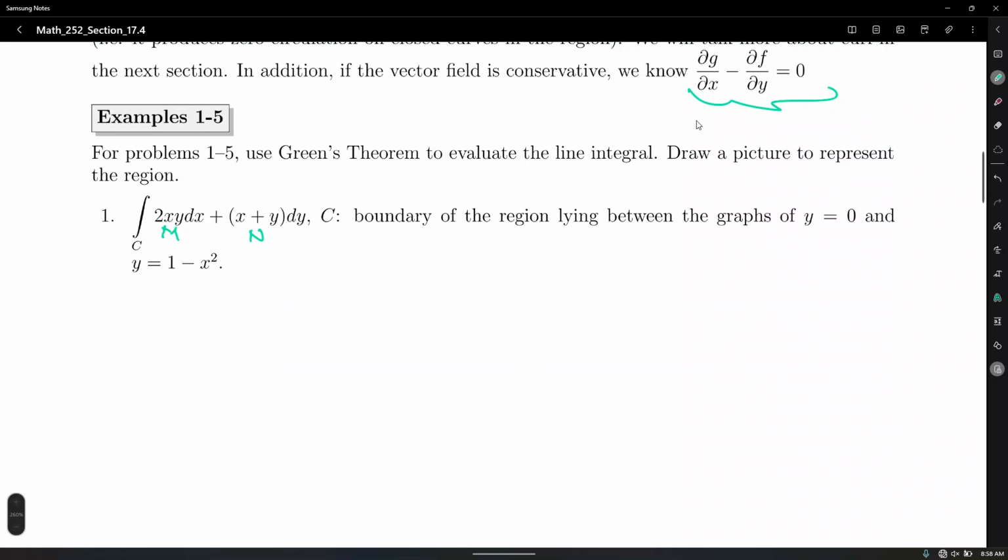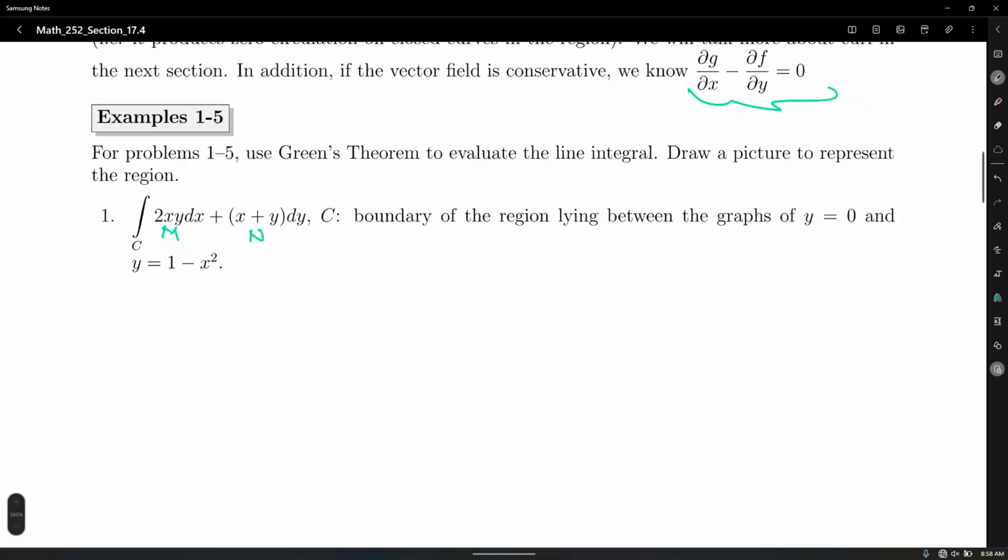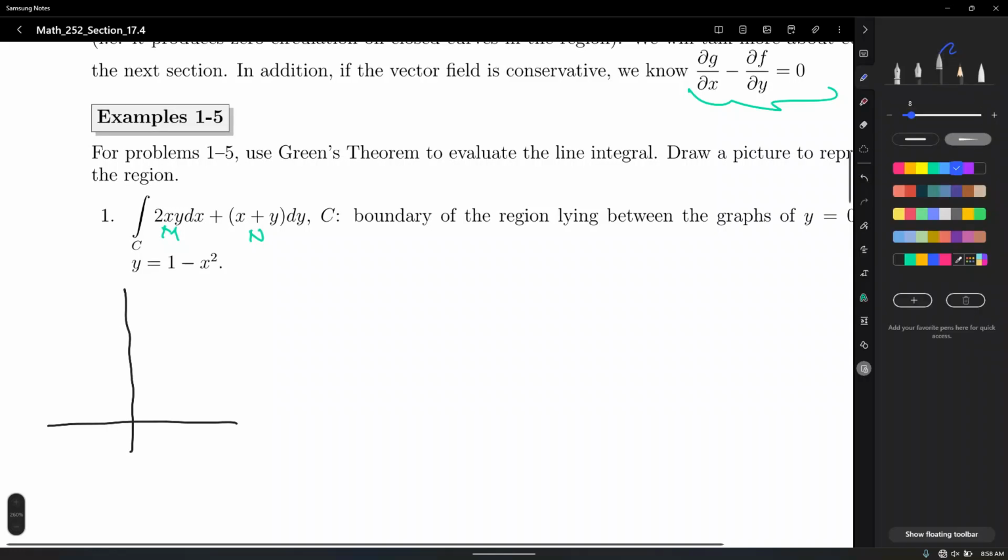Let's plot this picture. So the region bounded below by y equals 0, the horizontal line y equals 0, and bounded above by y equals 1 minus x squared. Isn't that an upside down parabola? Yep. Okay, let's plot it. And this assumes a counterclockwise direction, by the way. I think it's in the theorem somewhere. So y equals 0.